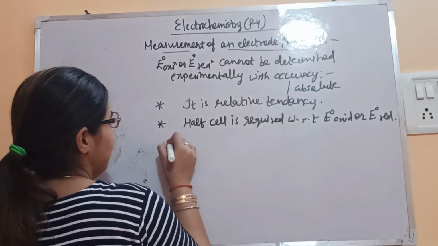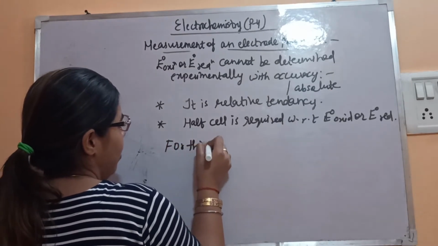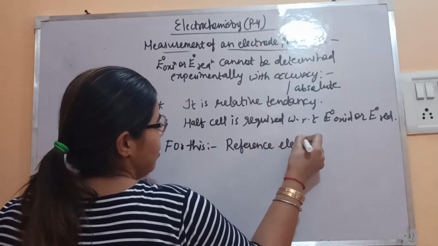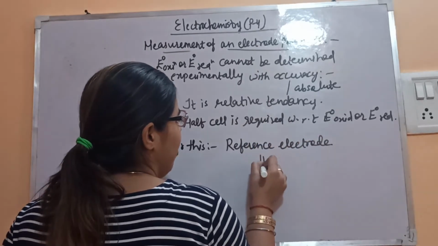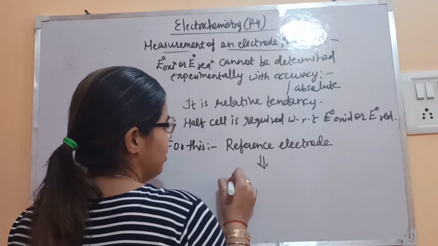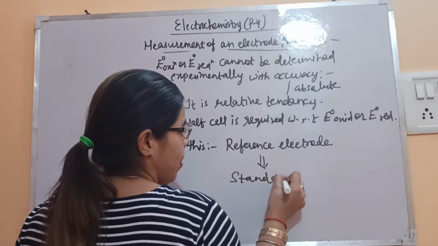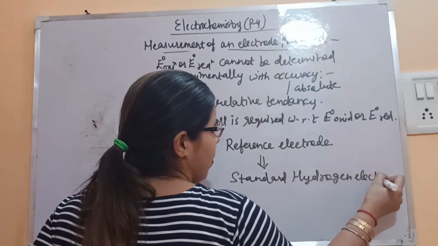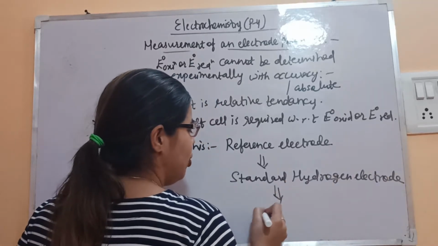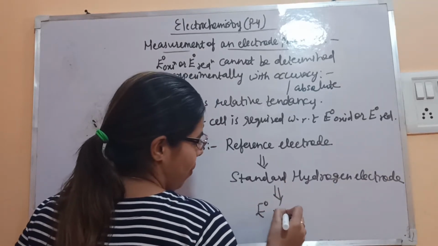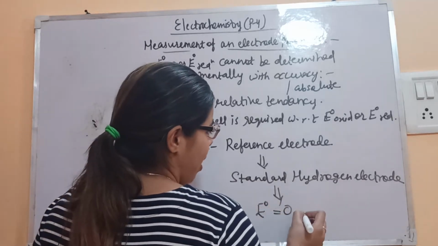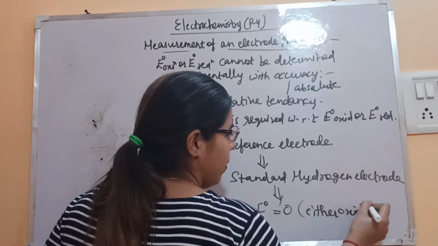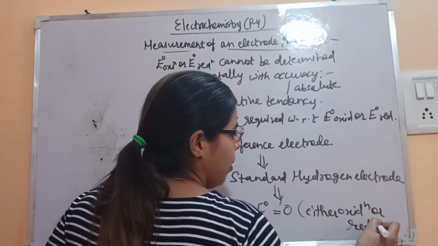So for this, what is required? A reference electrode. The reference electrode that we will be using here is the standard hydrogen electrode, whose electrode potential will be taken as 0, either for oxidation or reduction, both.